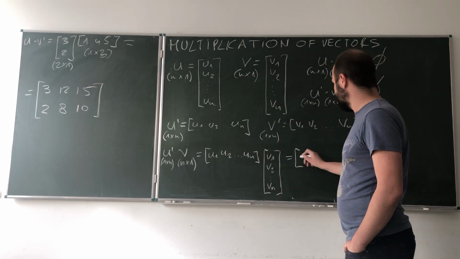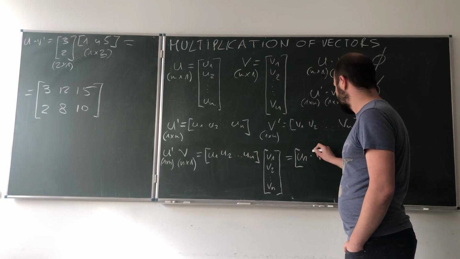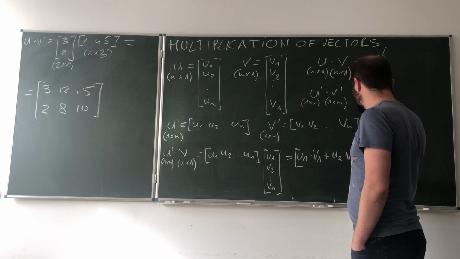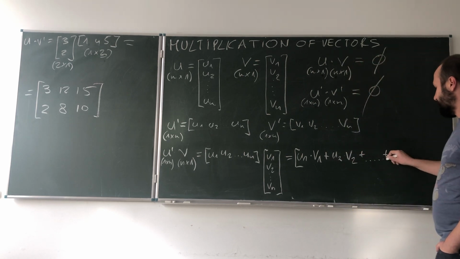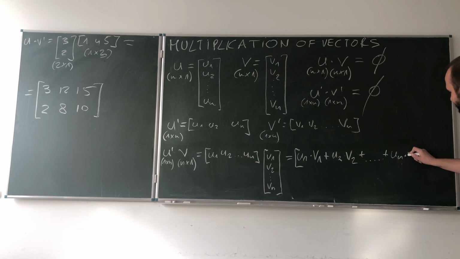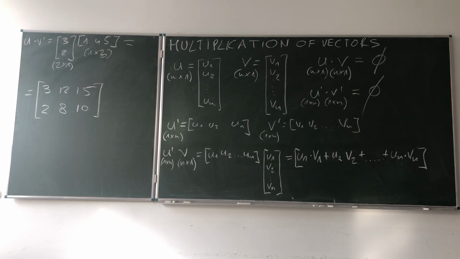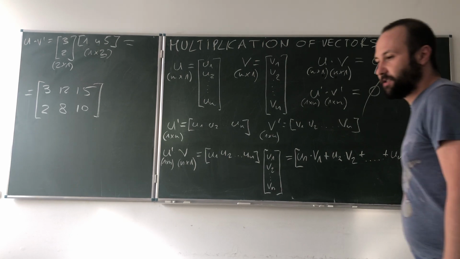So what I will get is u1 times v1 plus u2 times v2 plus until un vn. So what will I get as an answer? I will get just one single number. So in this particular case, we see that actually the outcome of multiplication is a scalar, a number, right?